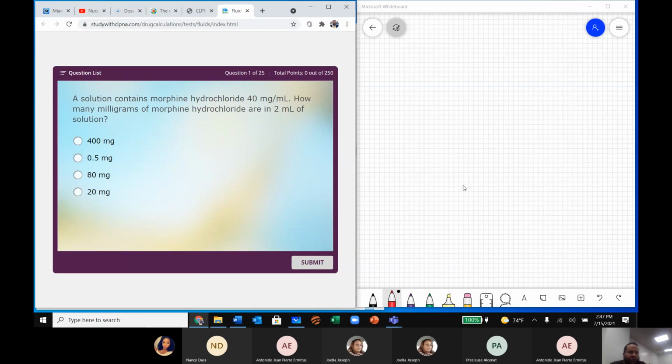Okay, let me start with this question. A solution contains morphine hydrochloride 40 milligrams per ml.